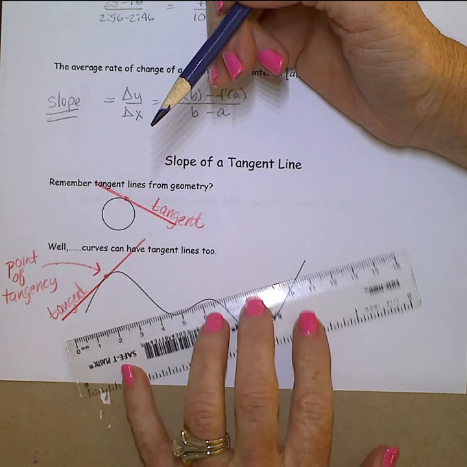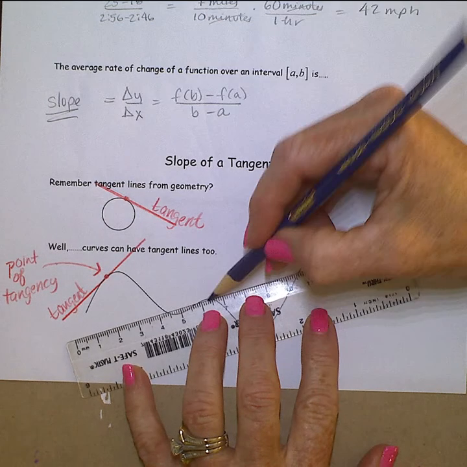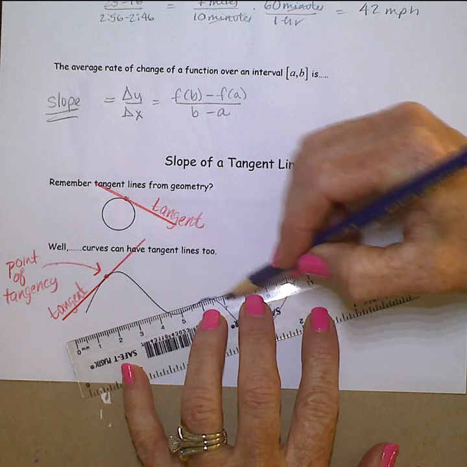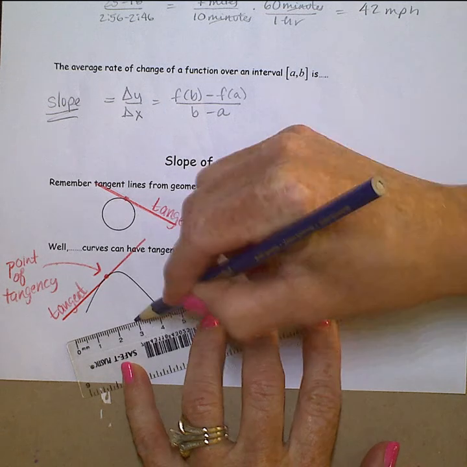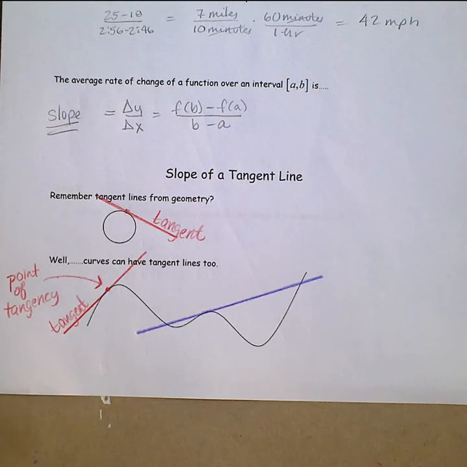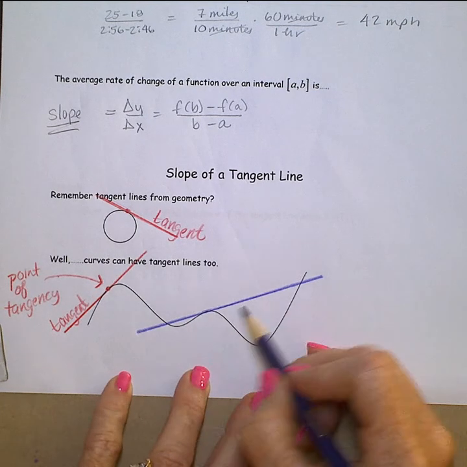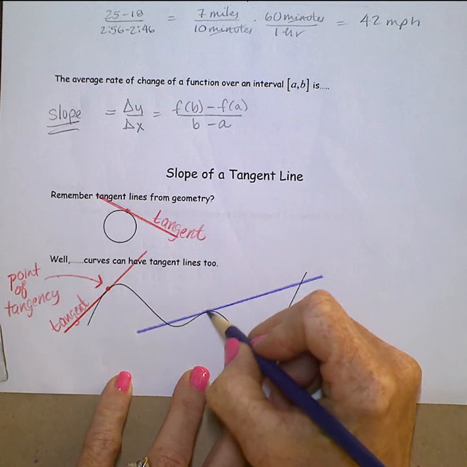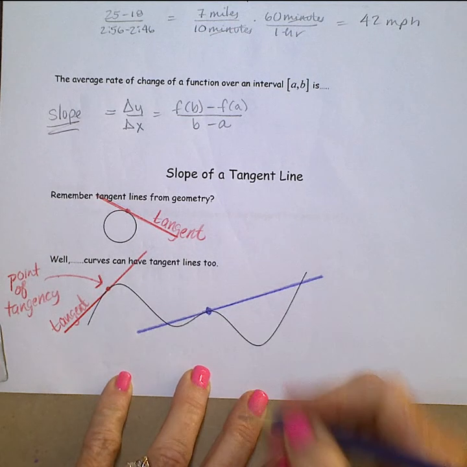However, on curves, we can have a tangent line intersect the function at other places. This is a tangent line, but it's only tangent right here at that point of tangency.